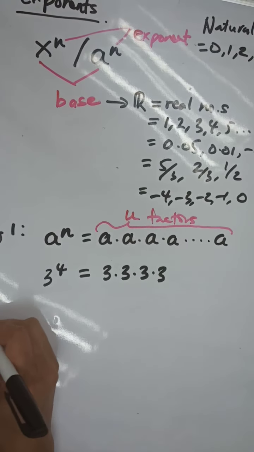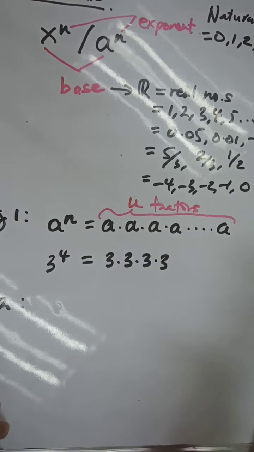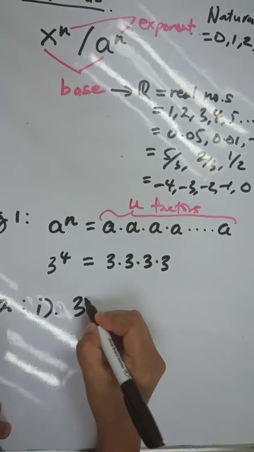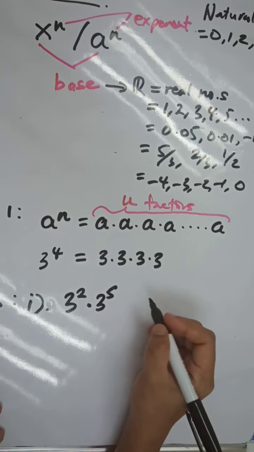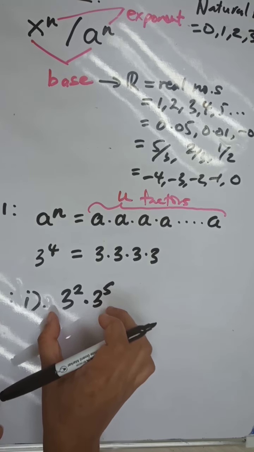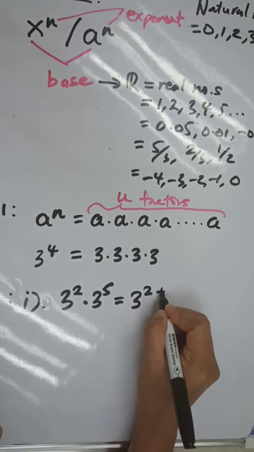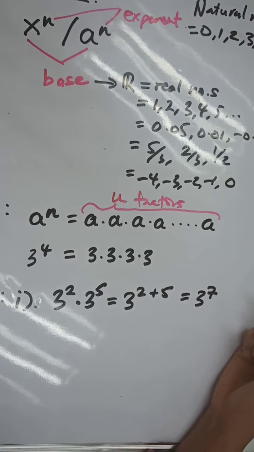Then I give you example 2. Let's say I have 3 power of 2 multiply 3 power of 5. When we multiply the exponential form, what happens to the exponents? We have to add. So the answer is 3 power of 7.